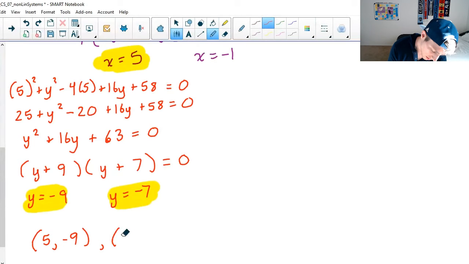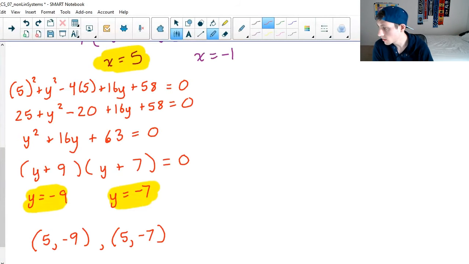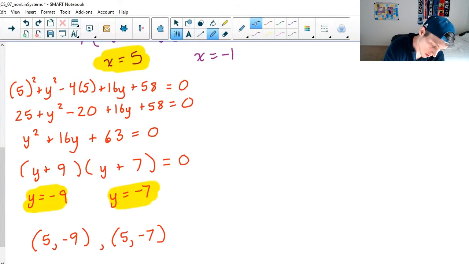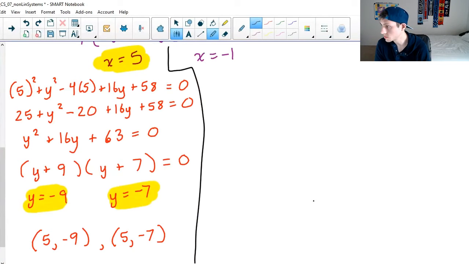And I know if I plug in 5, another thing that I'll get is negative 7. So right now I have 2 points. But that's not it, because that was only from plugging in x equals 5. We still have to go back and plug in x equals negative 1 now too.